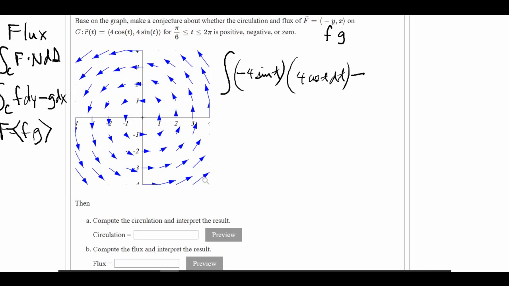Minus, now g is x, and x is 4 cosine t. And then dx, here's the x component, whose derivative is negative 4 sine t dt.